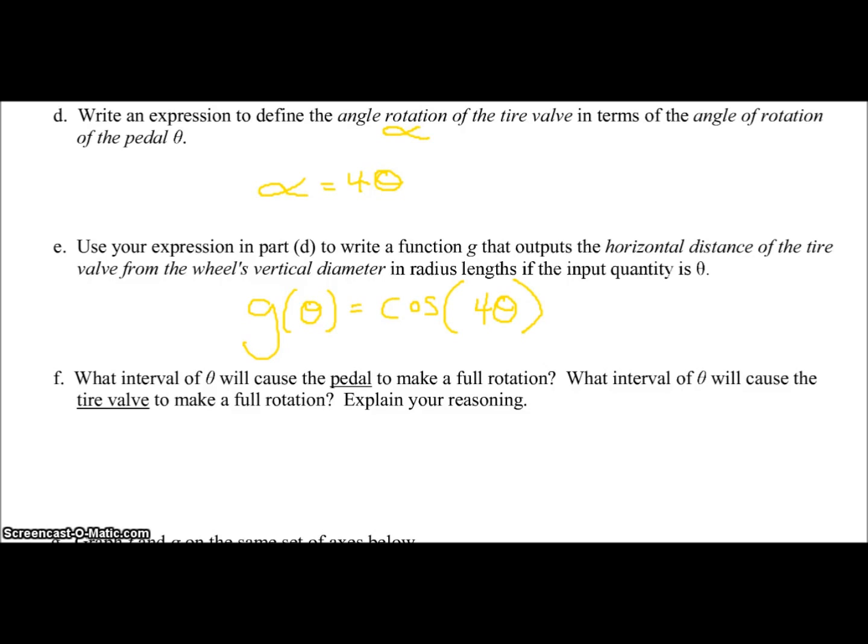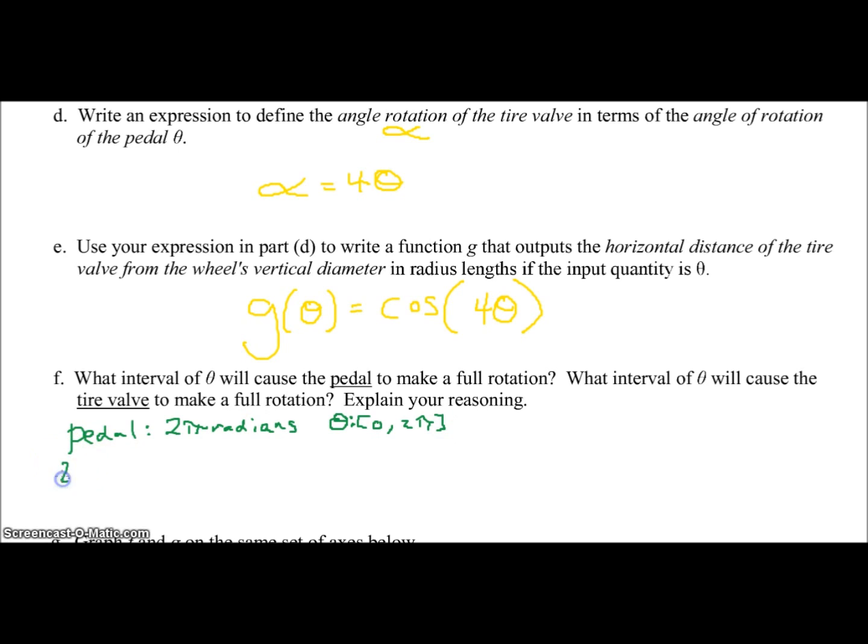What interval of theta will cause the pedal to make a full rotation? What interval of theta will cause the tire valve to make a full rotation? Explain your reasoning. Okay, so the pedal will make a full rotation after 2 pi radians, just like normal. So the interval for theta will be from 0 to 2 pi.